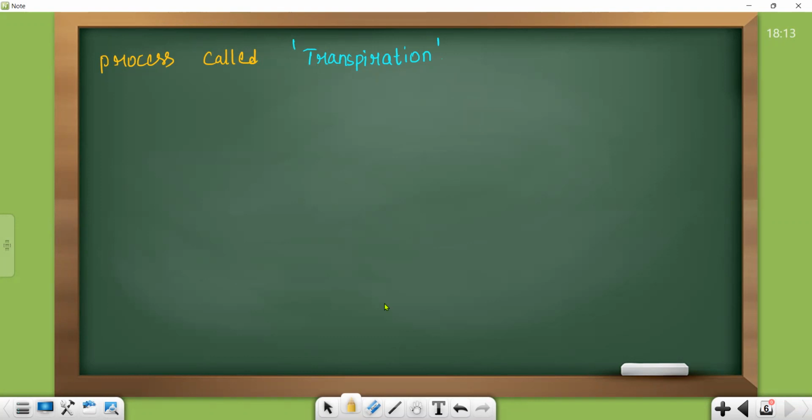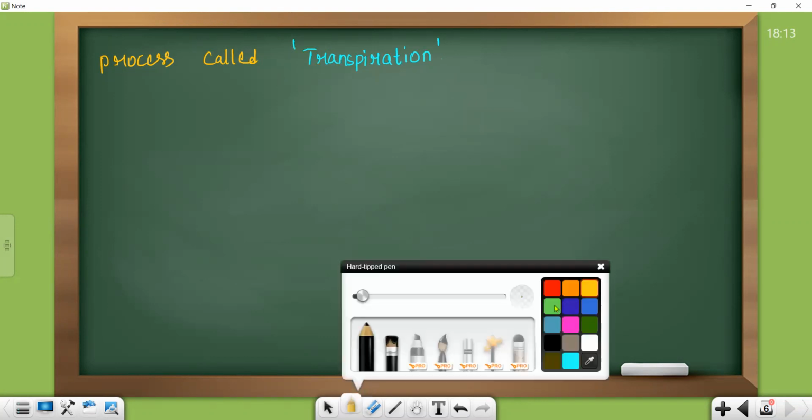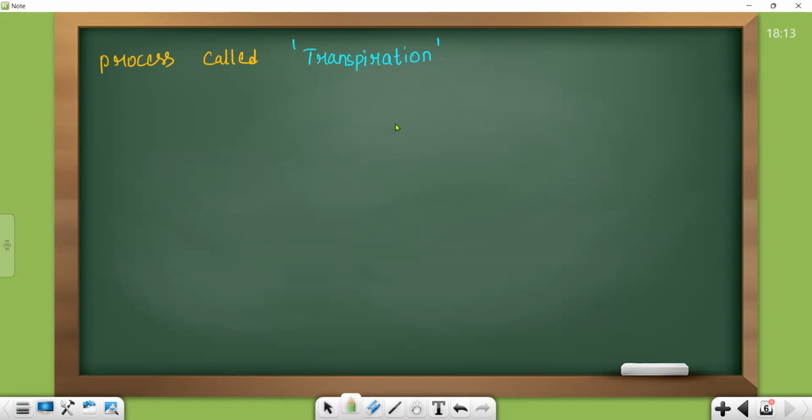Next. So till now, what we discussed, students, about the leaf from the beginning. The leaf performs how many functions actually? One is photosynthesis, and the other is transpiration, which we discussed now.